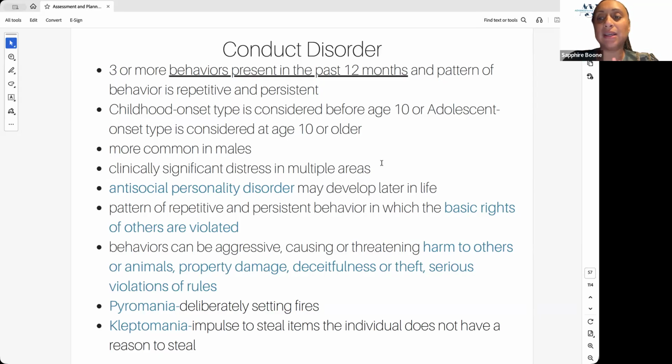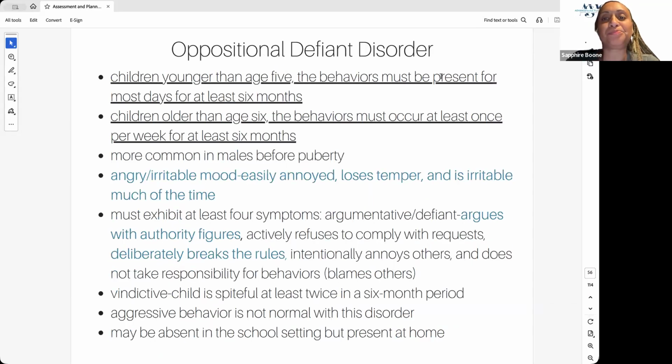Whereas ODD typically is going to be more at home and sometimes that structure of the environment. Oh, here it is. The structure of the school environments, they typically do a little bit better in school. And it really is more about being argumentative, not following rules, deliberately breaking rules, but not like crimes, right?